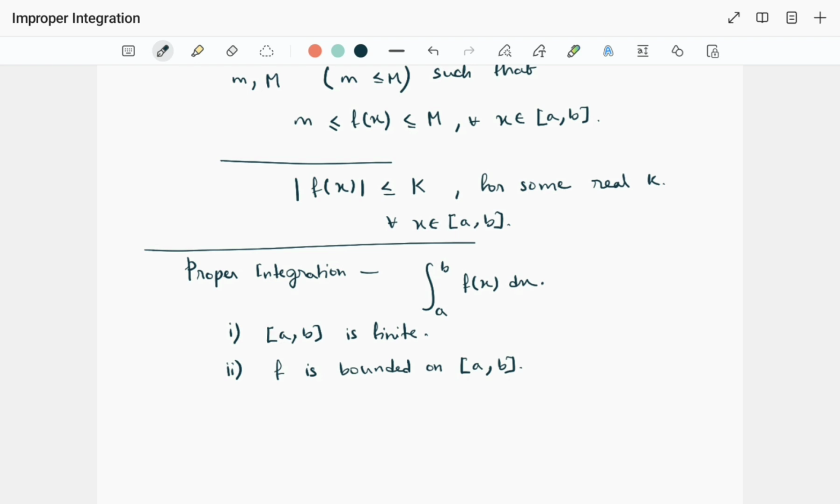If these two properties are satisfied, then we can say the integration from a to b of f(x) dx is a proper integration.